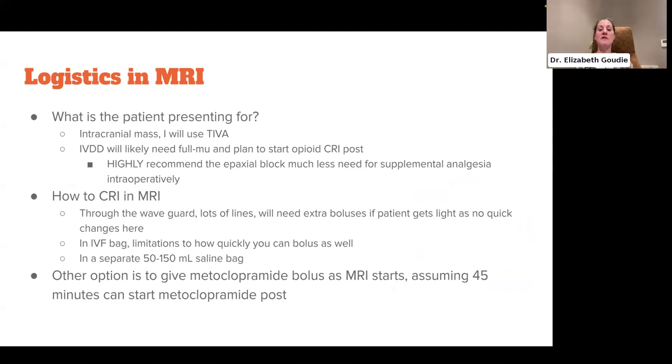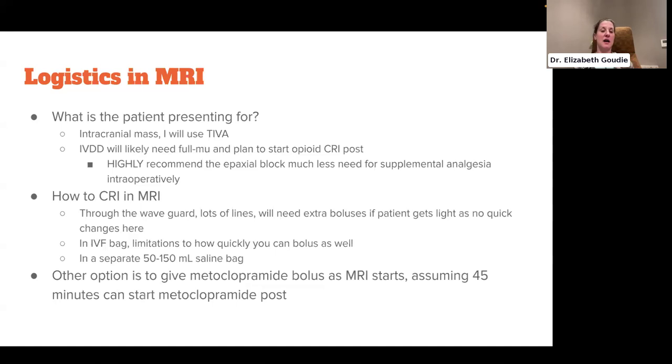You can do it in an IV fluid bag, so there's a little bit of limitation on how quickly you can fluid bolus as well, but often we have 1 or 2 fluid pumps in there. You can mix it into 150 ml, even a 250 ml saline bag, and have those boluses separately, or that CRI separate from your fluids that are going on.